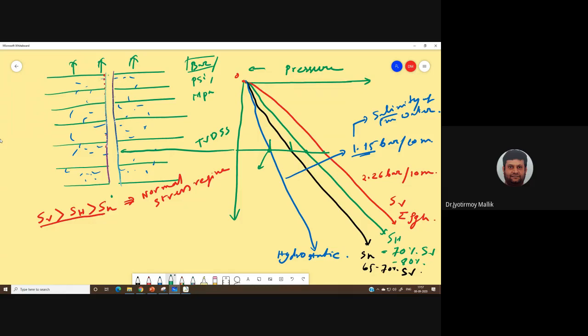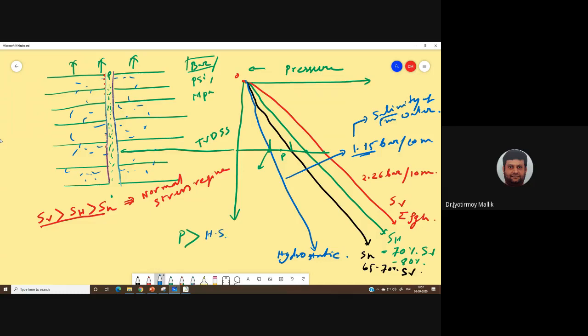So I have a drilling mud which I have pumped through this well, which has a pressure P. Now this pressure P, the pressure of this drilling mud, must be more than the hydrostatic, more than the fluid pressure.